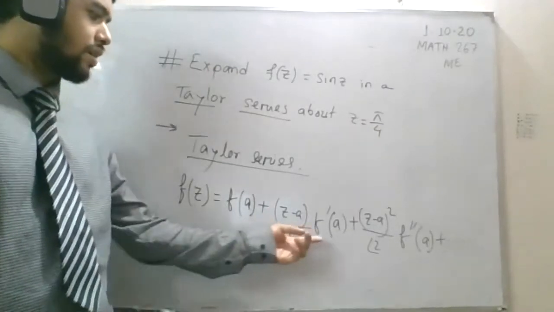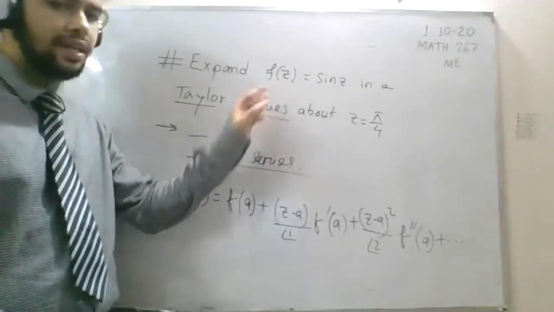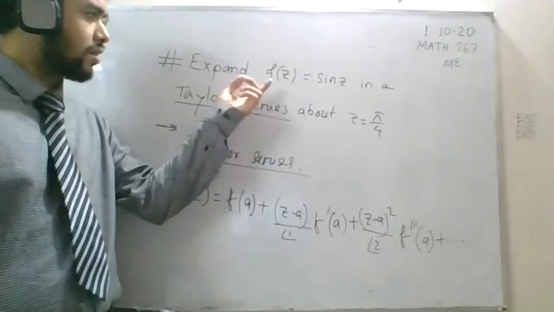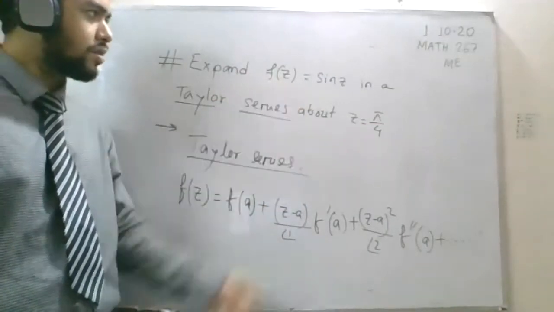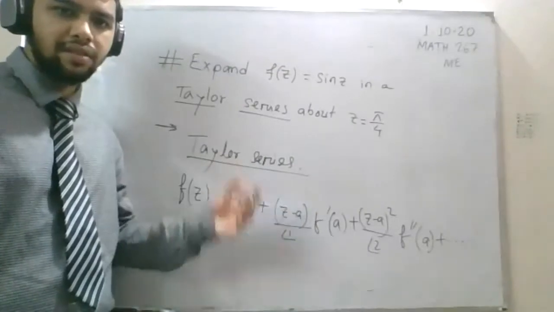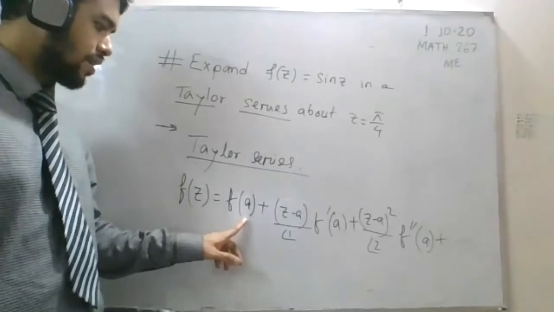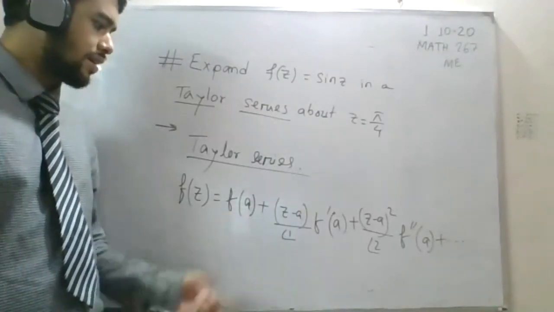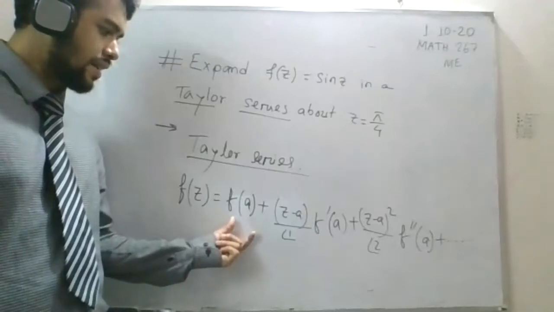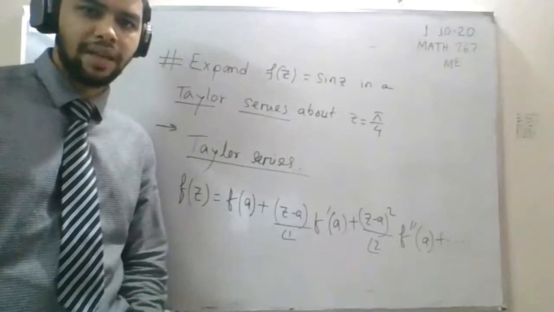You have to find f prime z and also f double prime z, where f(z) equals sine z. Now just put the value a instead of z, and then you can get f of a, also f prime a, and f double prime a.